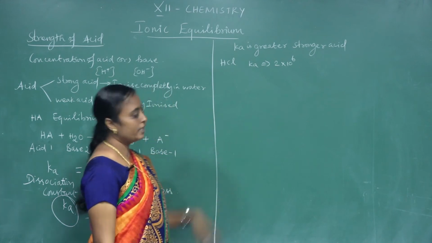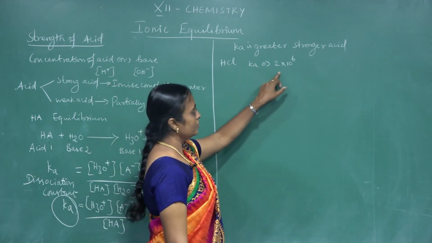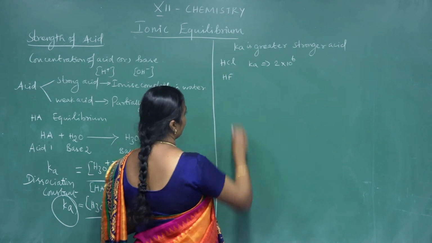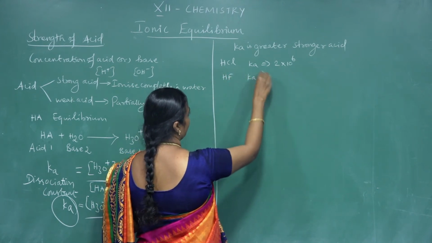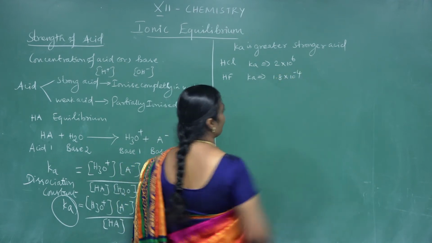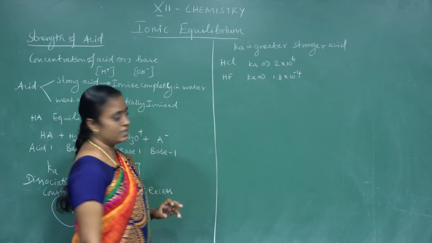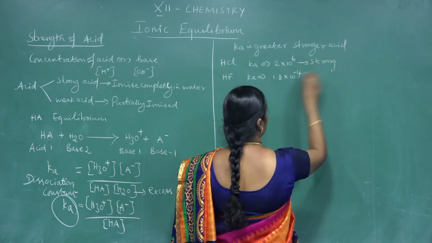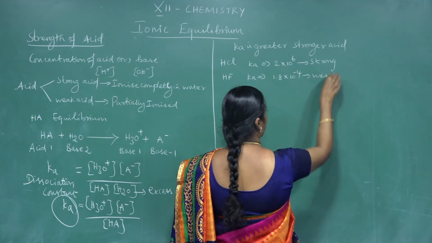That is a higher value, so it is a stronger acid. If you take HF, hydrofluoric acid, the Ka value is 1.8 into 10 power minus 4. That is taken as a weak acid. So this is strong and this is the weak acid.